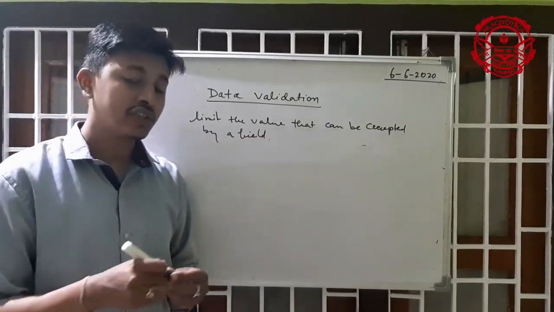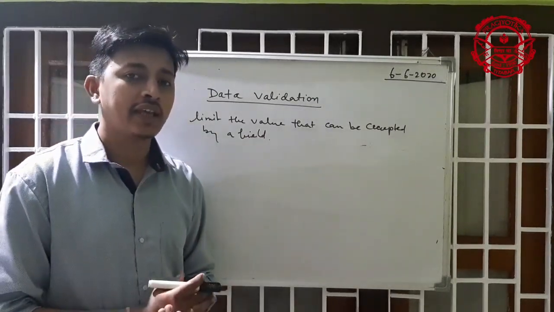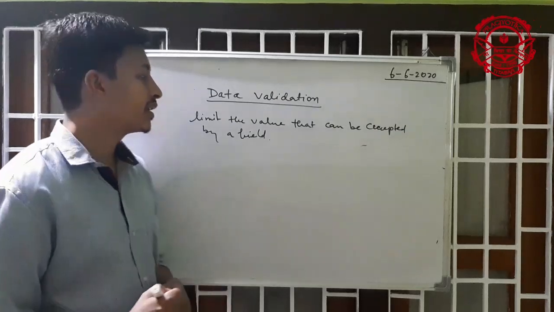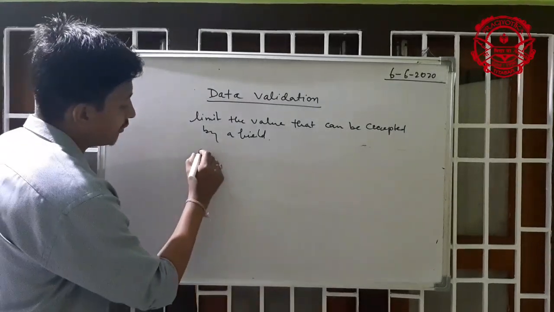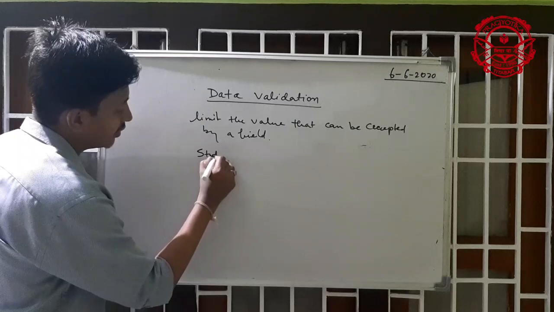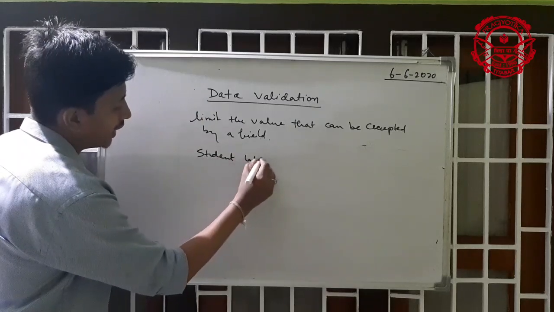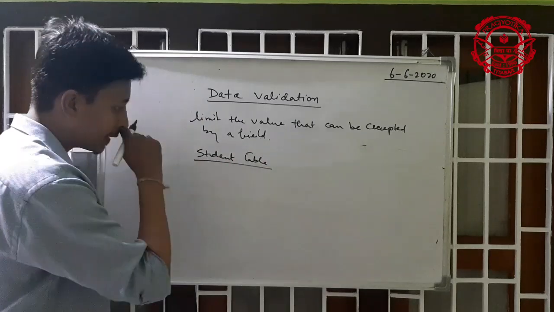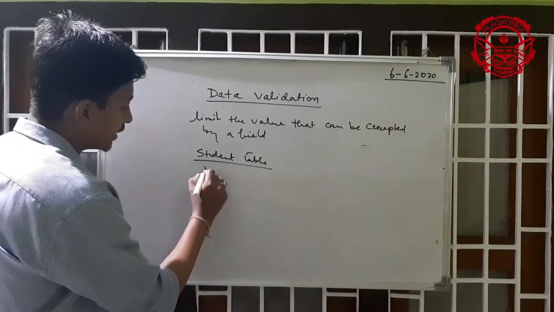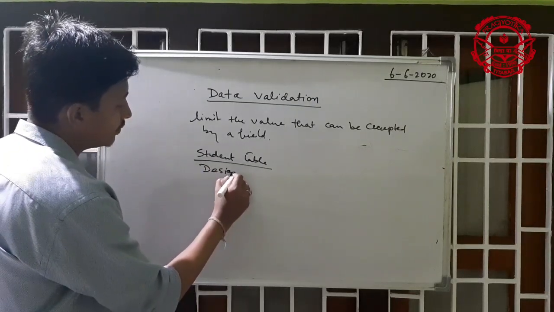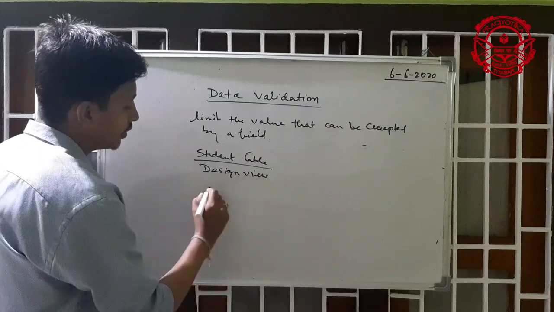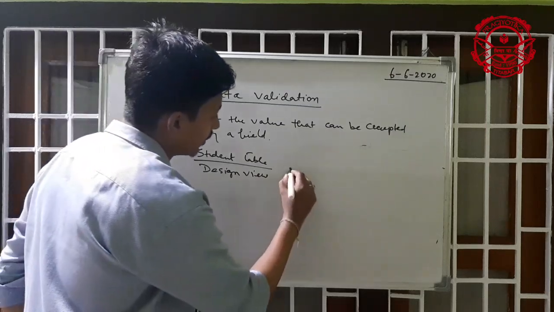Means what? In a table field, say this is a student table. In the student table, in design view, so like this is a design view.